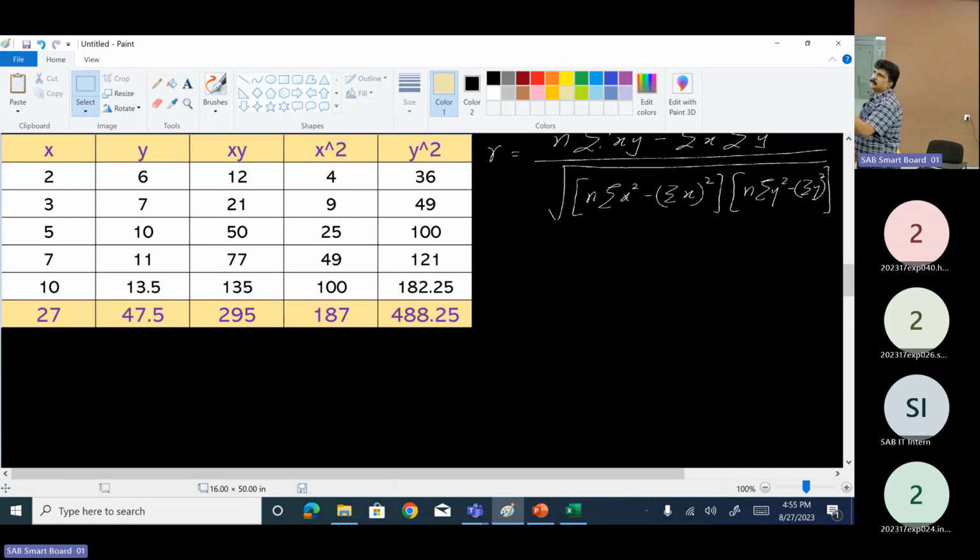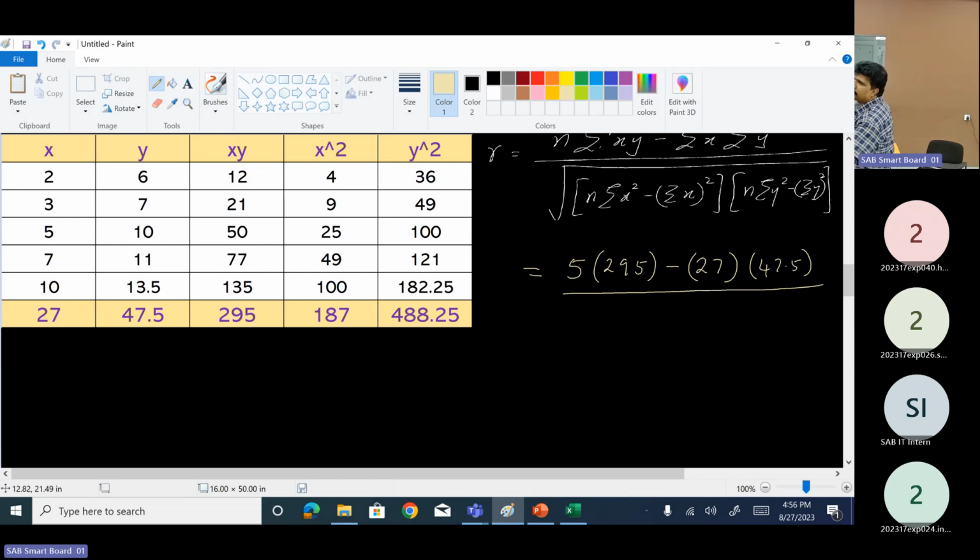Now we can substitute the values. And how many pairs? We got 5 pairs, so 5 sigma xy, that is 295. Sigma x 27. Sigma y, that is 47.5, over square root, don't forget the square root, 2 pieces, right?